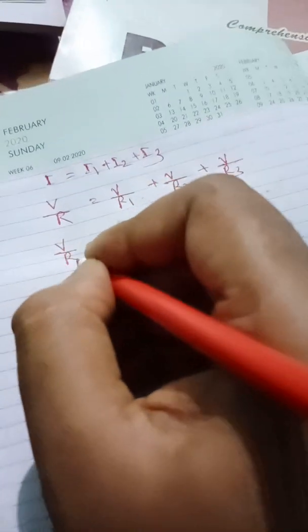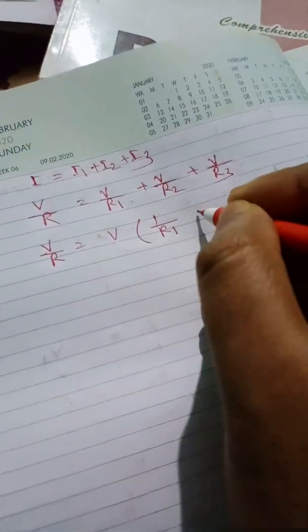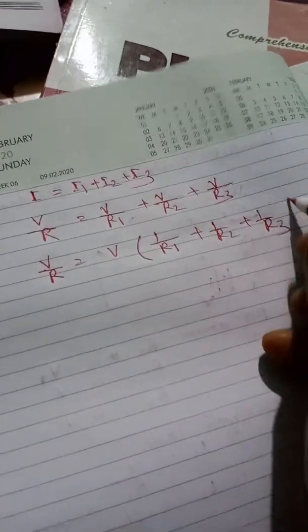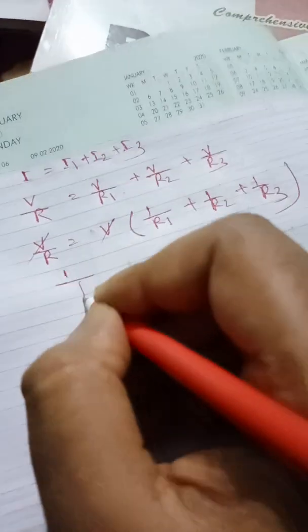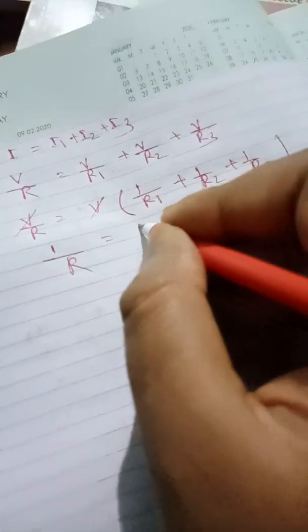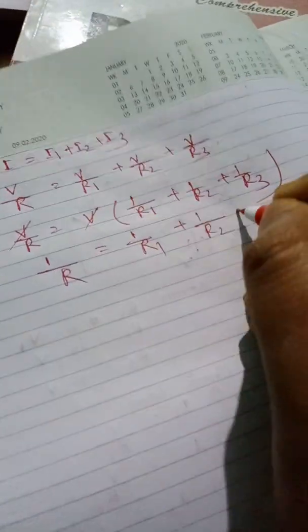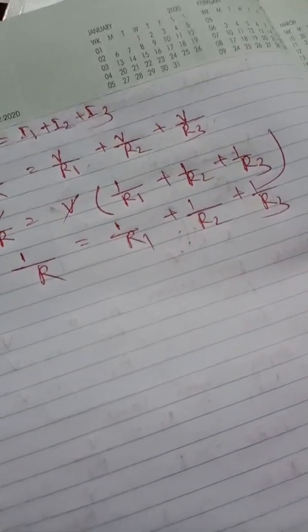If we take V common, then V times 1 by R1 plus 1 by R2 plus 1 by R3. So this V and this V cancel. So from here we can write 1 by R is equal to 1 by R1 plus 1 by R2 plus 1 by R3.